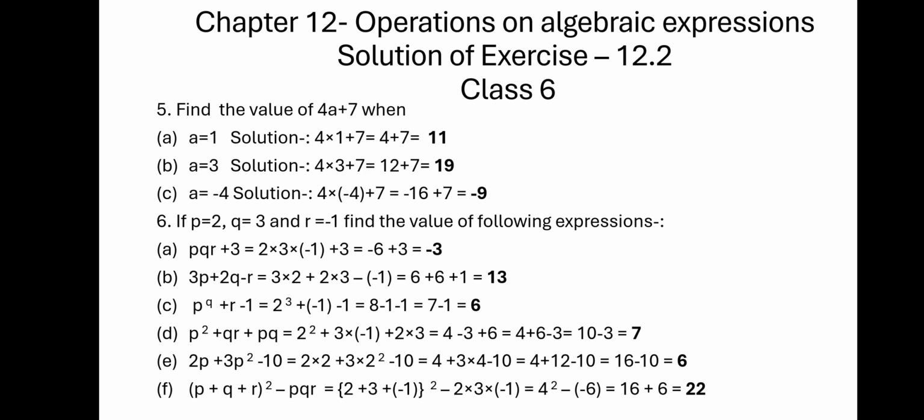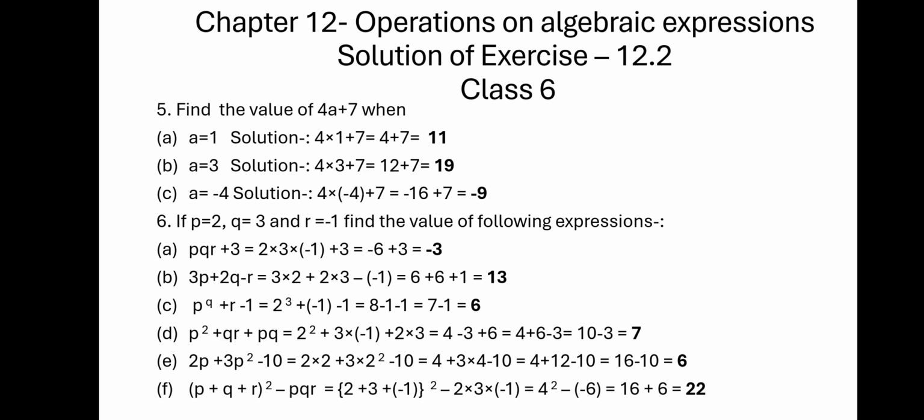So 3 into negative 1 is negative 3, plus 6, that is equal to 4 plus 6 minus 3. 4 plus 6 I have added, that is 10, and then minus 3. So 10 minus 3 is 7.